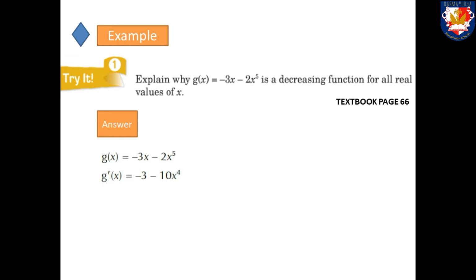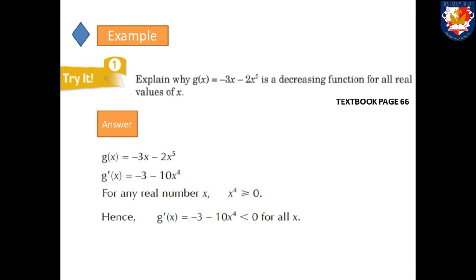Remember, when we substitute any value of x into x to the power of 4, the value of x to the power of 4 is greater than or equal to 0. So here, we can conclude that g'(x) equals minus 3 minus 10x to the power of 4 is actually less than 0 for all x, or we can say g' is negative. So here, g(x) is a decreasing function for all values of x.